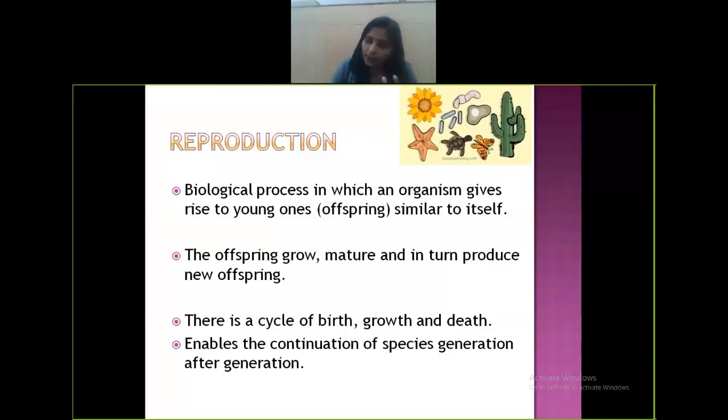They start growing, they start maturing, and in turn they also reproduce to produce new offspring. There is a cycle which exists, a cycle of birth, a cycle of growth, and during the growth phase there is reproduction, and finally every organism dies. So it's a cycle. All of us are born, we grow, and we die.